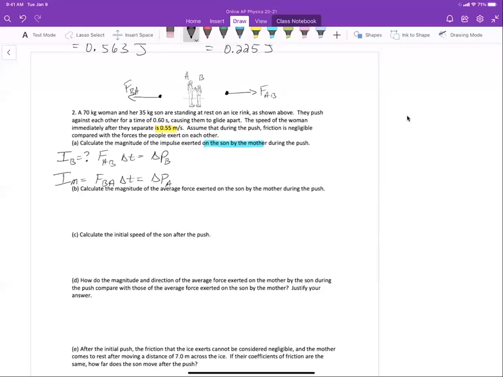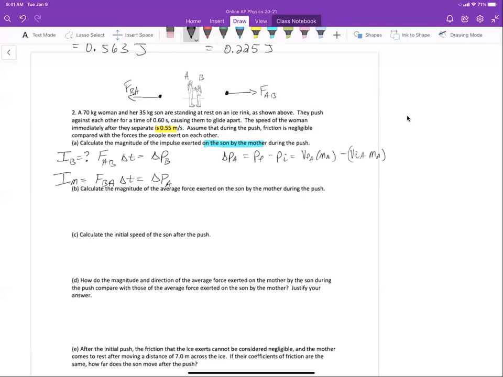Now, I can calculate the change in momentum of the mother, right? So we're going to find the change in momentum of the mother, which is momentum final minus momentum initial, and that will equal her velocity final times her mass minus her velocity initial times her mass.